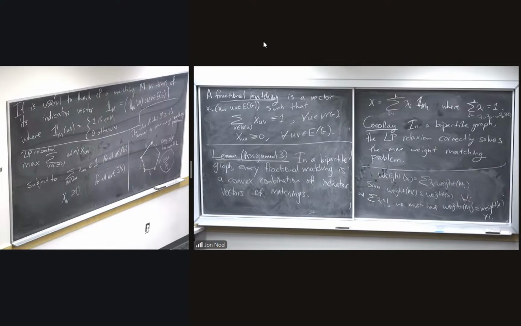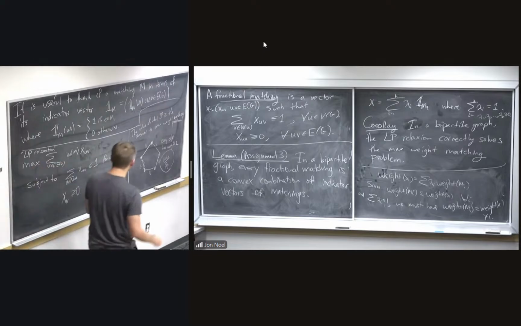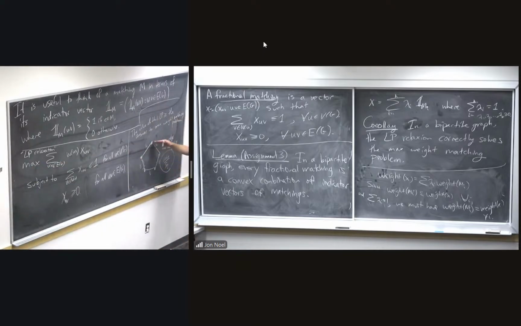So the problem with non-bipartite graphs is that you could have a fractional matching like this one, and this just cannot be written as a convex combination of actual matchings, because one of those matchings would have to have at least 3 edges. You can't have a 3-edge matching in this graph, right? Because the overall weight here is bigger than 2, so you couldn't make this using 2 edges, right? So, okay.